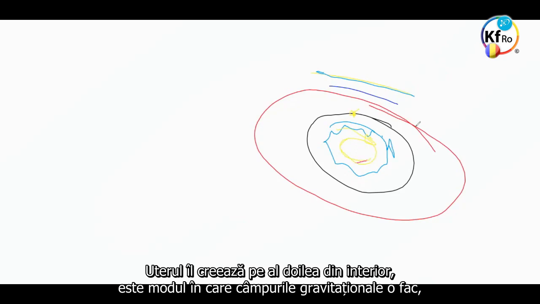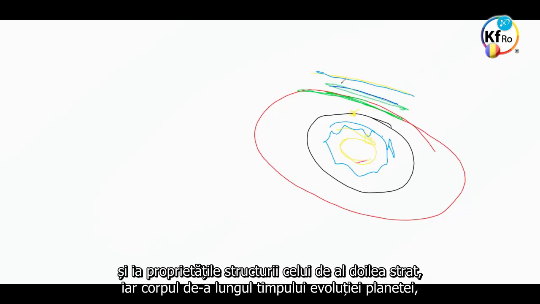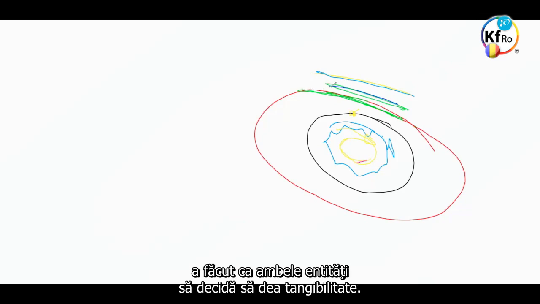The womb creates the second from inside. It is the way its gravitational field force does, and it has the property of the structure of the second layer, and over the evolution time of the planet the body has created that.